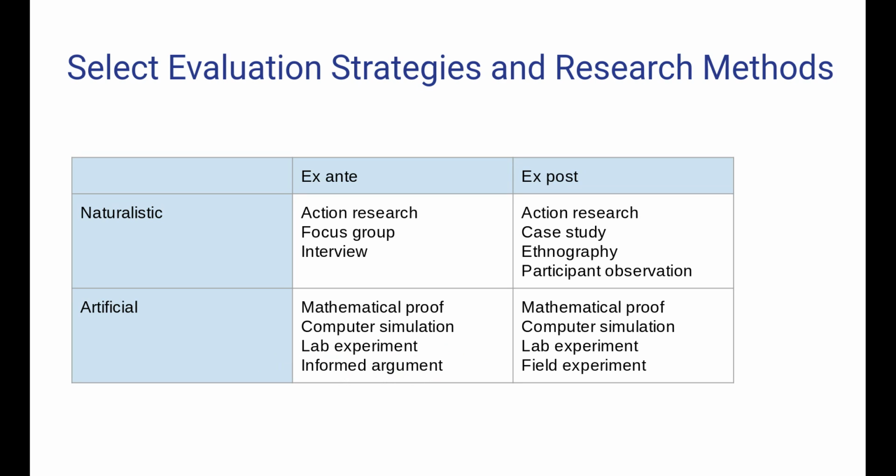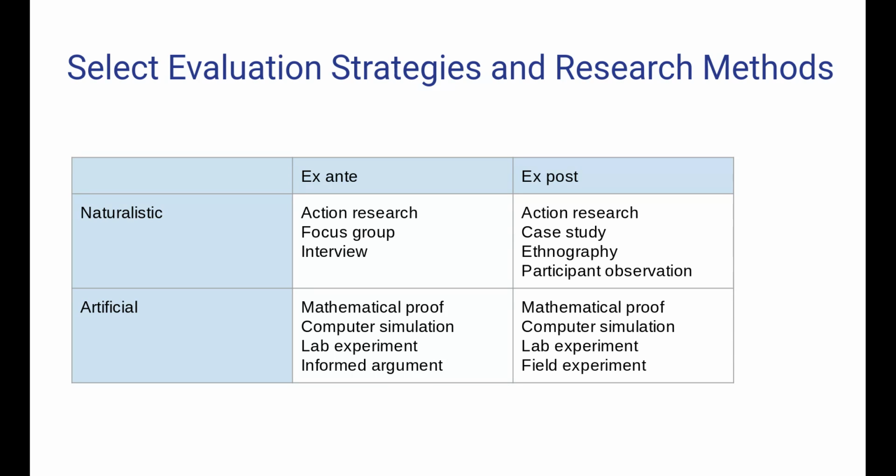When you have selected your evaluation goals, it's time to select evaluation strategies and research methods. Selecting evaluation strategies is about choosing between ex ante or ex post, and choosing between naturalistic or artificial.